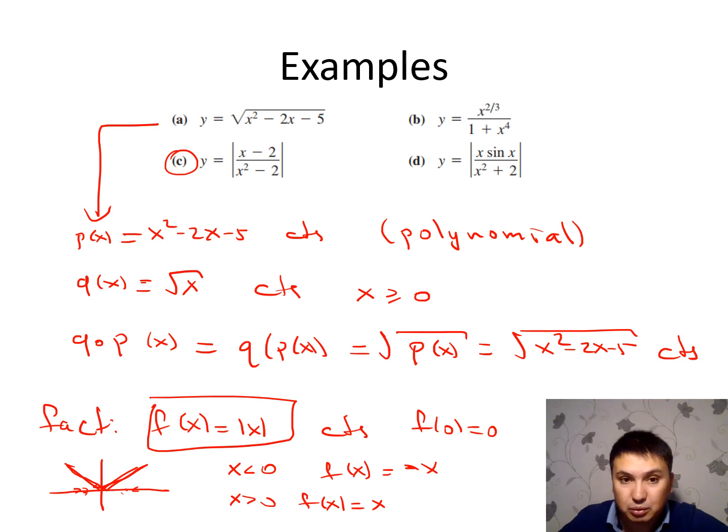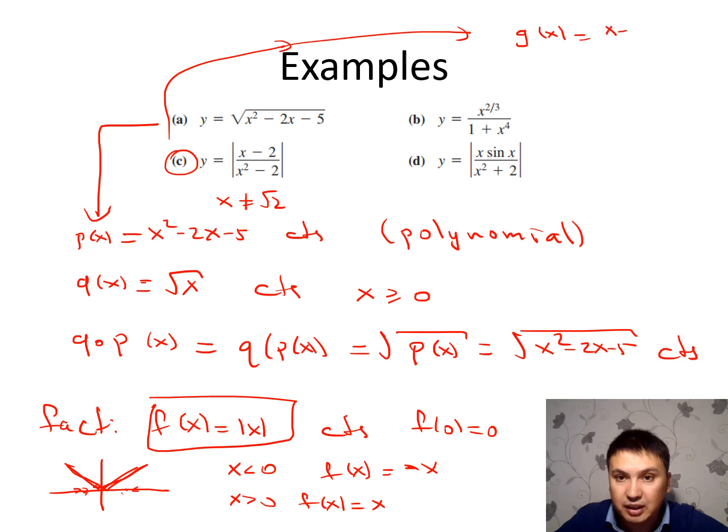Now that you know it, you can show, for example, the absolute value of (x minus 2)/(x squared minus 2) is continuous. As long as x is not equal to square root of 2, because if x equals square root of 2, the denominator becomes 0, so it cannot be. If you pick anything else, then x minus 2 is continuous, x squared minus 2 is continuous, then their quotient is continuous. So I can take g of x to be (x minus 2)/(x squared minus 2), and my f is the absolute value function.